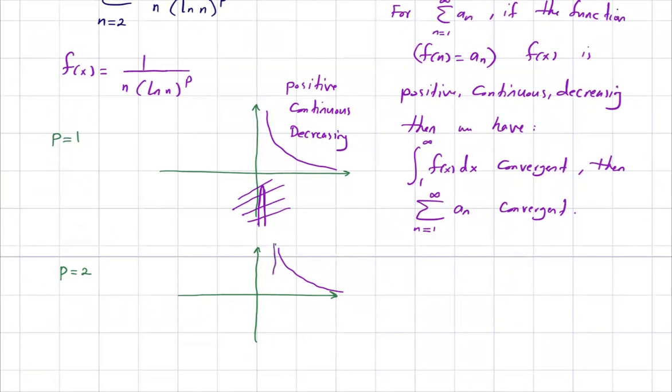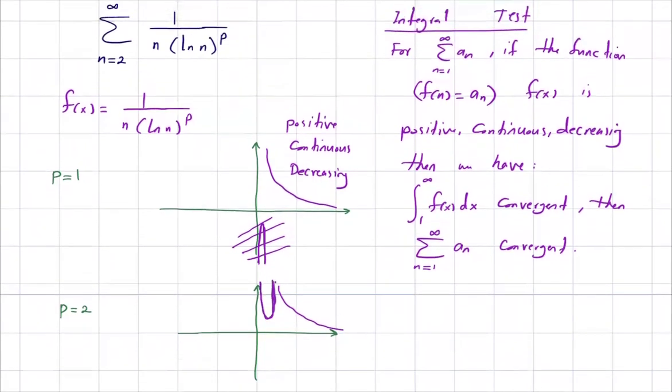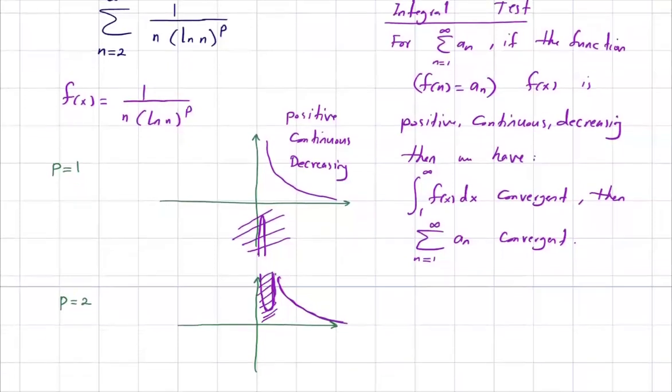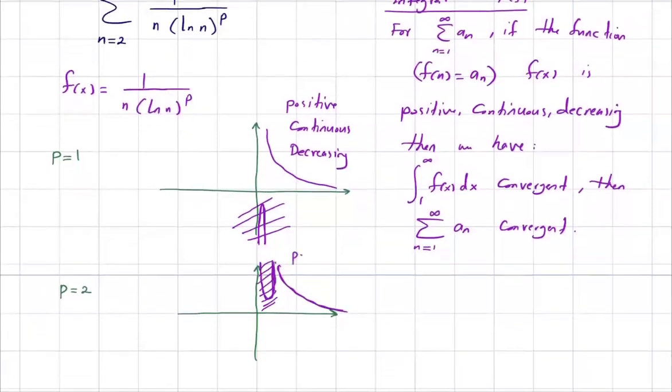I did my best to graph it in a way that makes a little bit of sense. But again, since you're just looking at the interval 2 to infinity, you can ignore this part. This part doesn't count. You only look at this part of the graph, which is indeed positive, continuous, and decreasing.